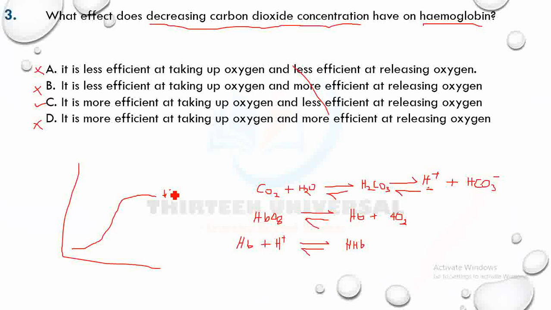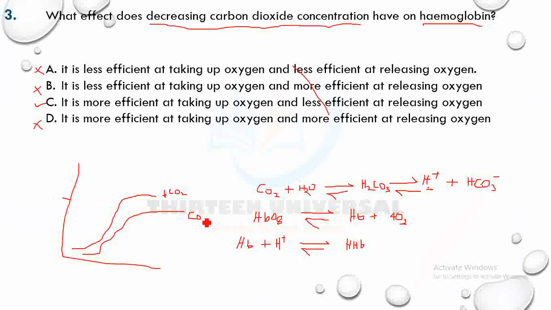Now when partial pressure of CO2 increases, the graph always shifts to the right. That means that the percentage saturation of oxygen reduces as CO2 concentration increases.